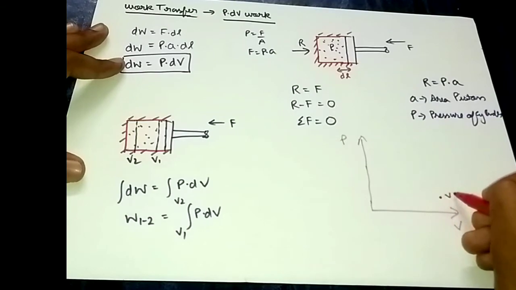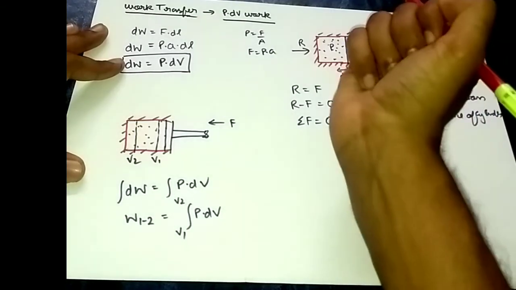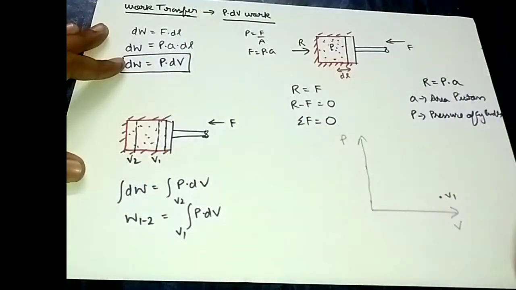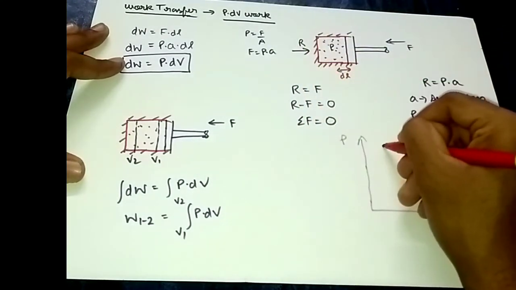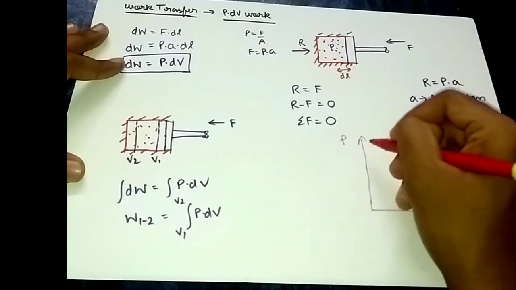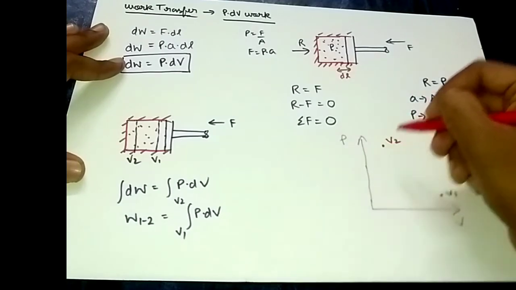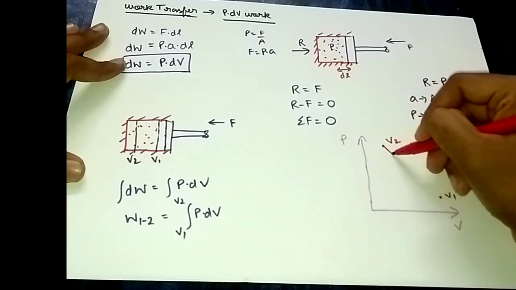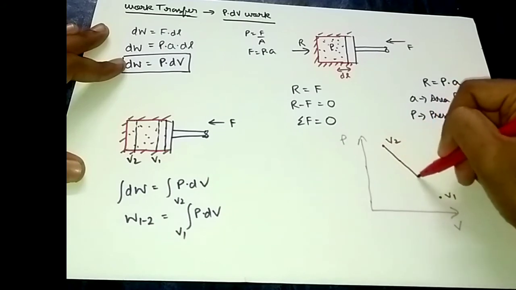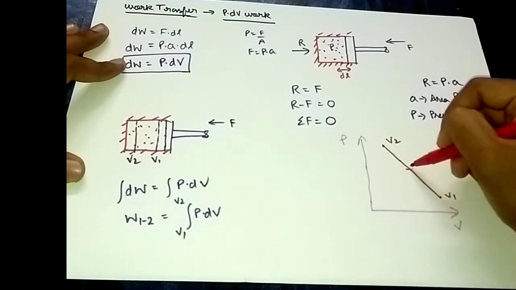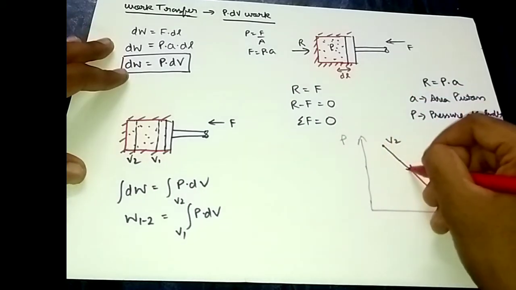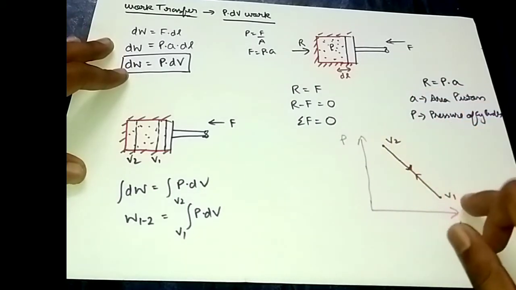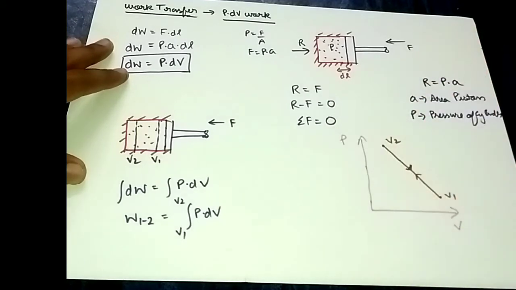As I push the piston, the pressure increases and the volume decreases, so let's say the volume V2 is here. When I connect these two, we get a path from V1 to V2.